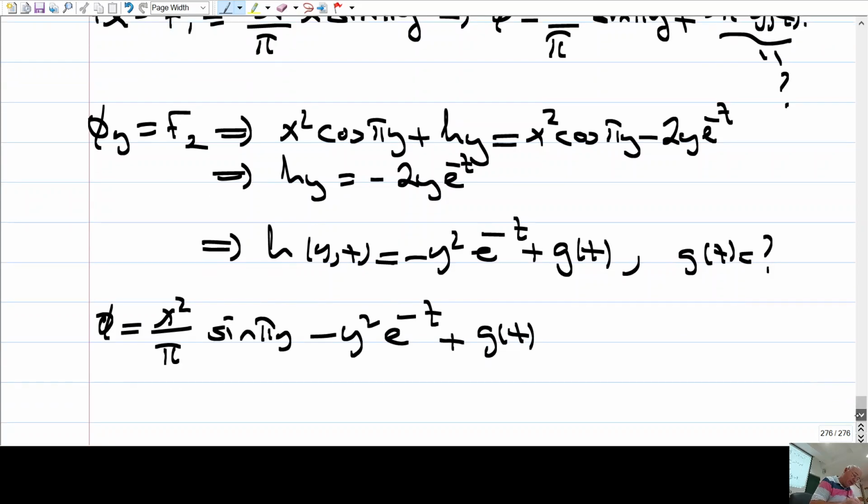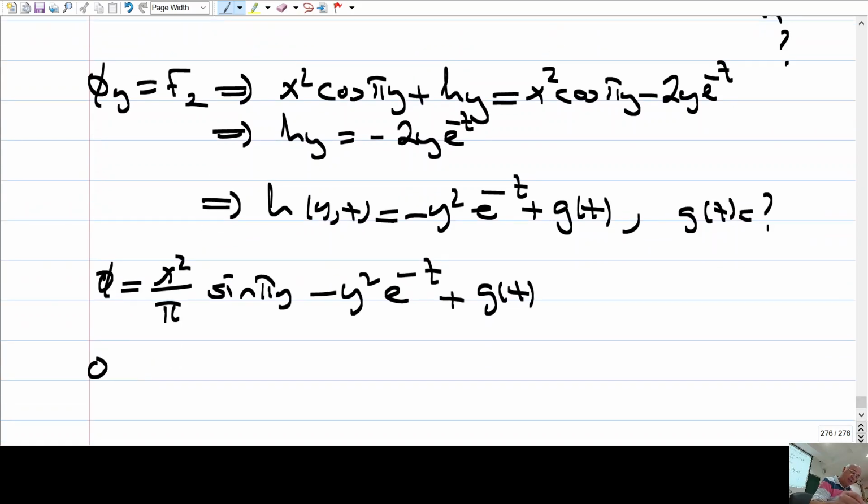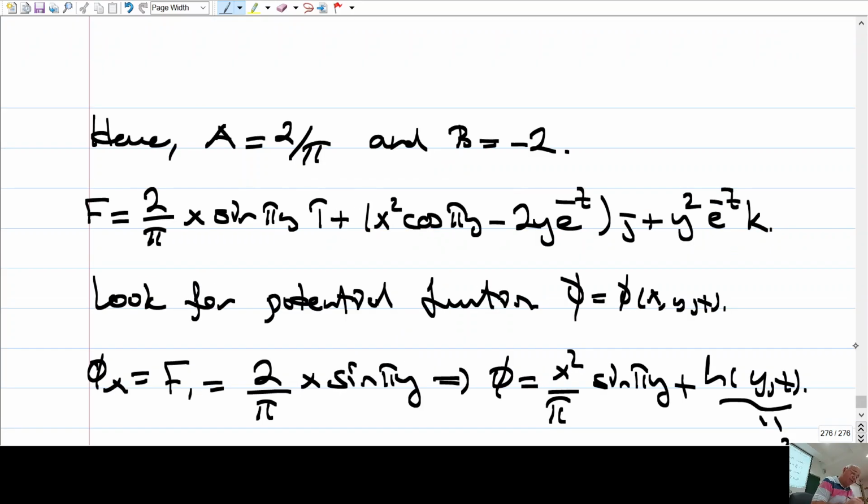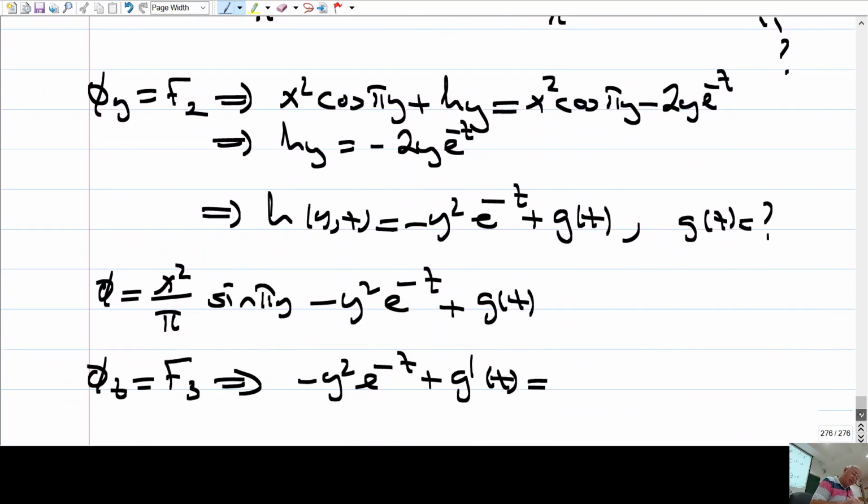And how do you find this g? I have to write down the third equation, that the derivative with respect to z is F3. So take the derivative with respect to z, you get y squared e to the power minus z plus g prime of z, and this should be F3. What is F3? F3 is y squared times e to the power minus z.